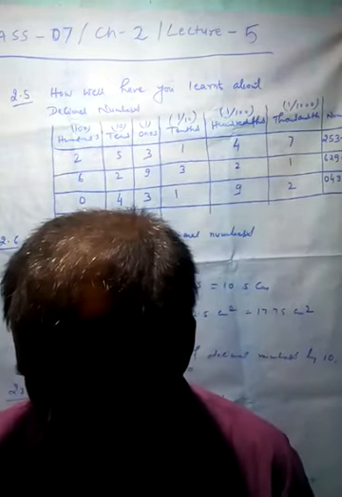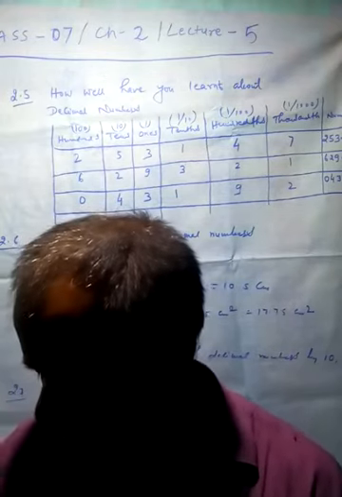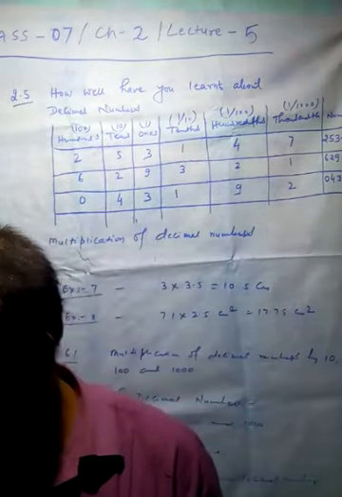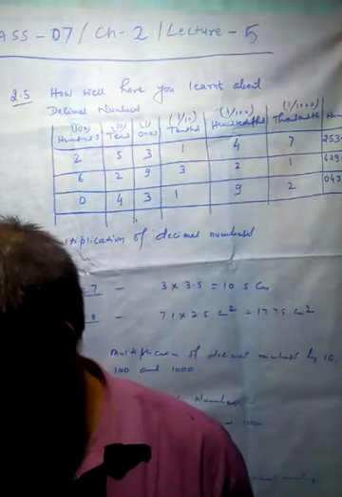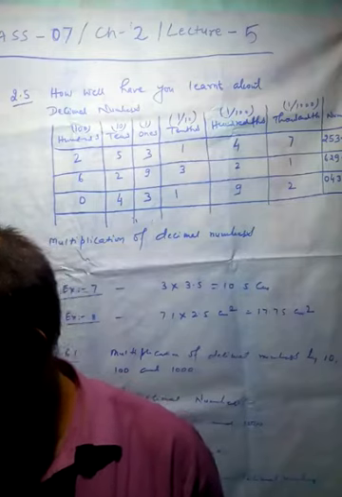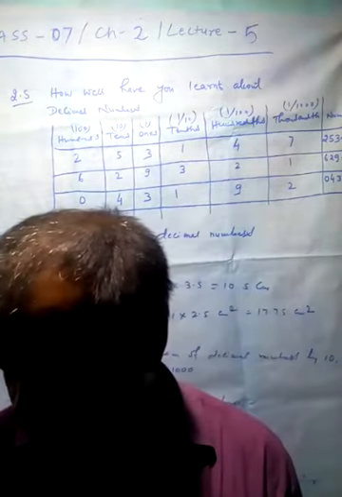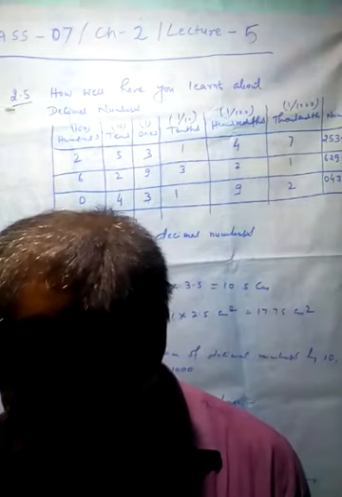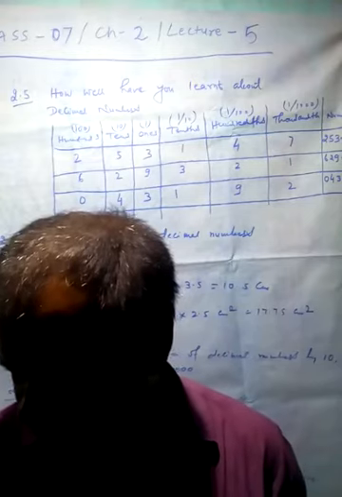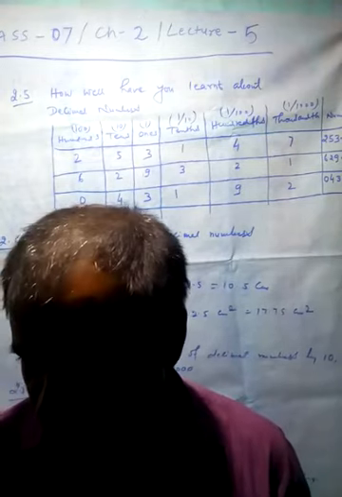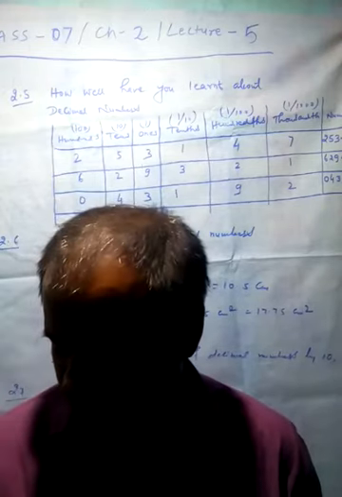We get 2 by 10 into 3 by 10. The dotted square represents 2 by 10 into 3 by 10 or 0.2 into 0.3. See the figure 2.15. Since there are 6 dotted squares out of 100, they also represent 0.06. Thus 0.2 into 0.3 is equal to 0.06.